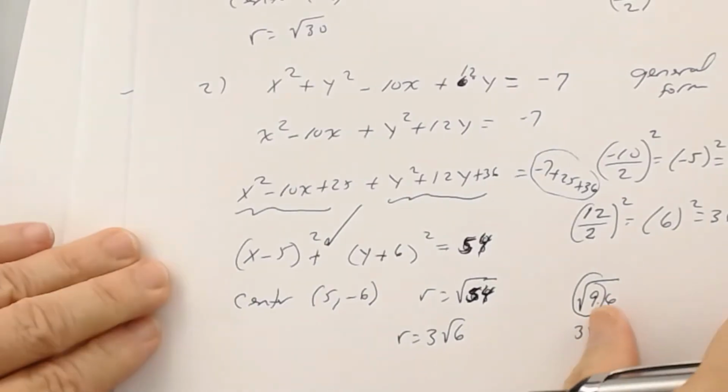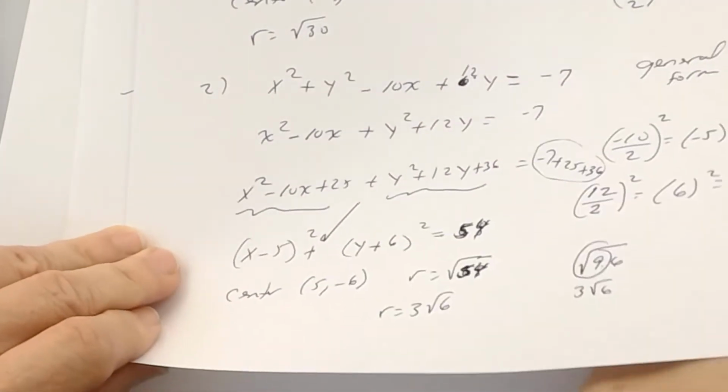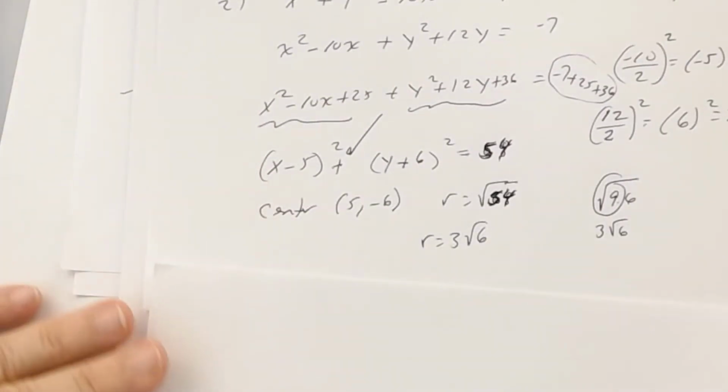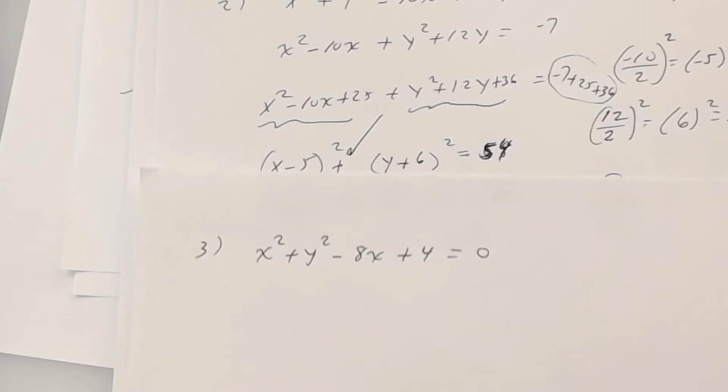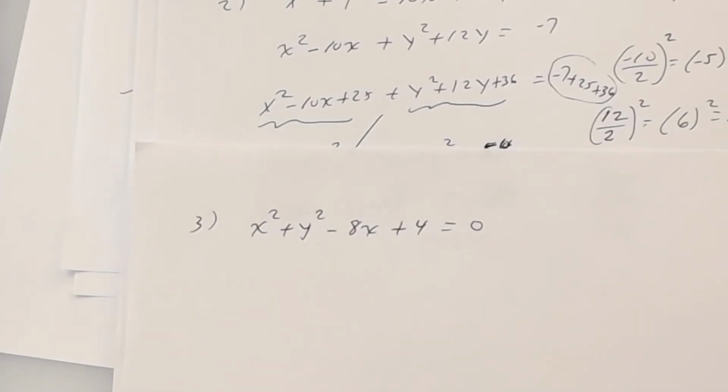Okay, let's do one more with this. All right, number 3. Suppose I had x squared plus y squared minus 8x plus 4 equals 0.